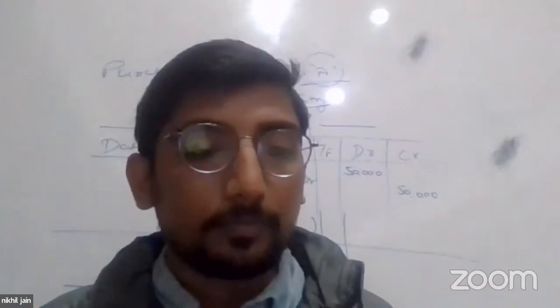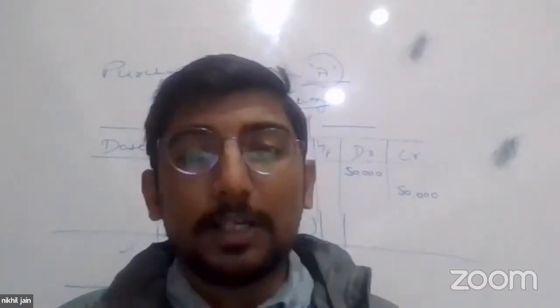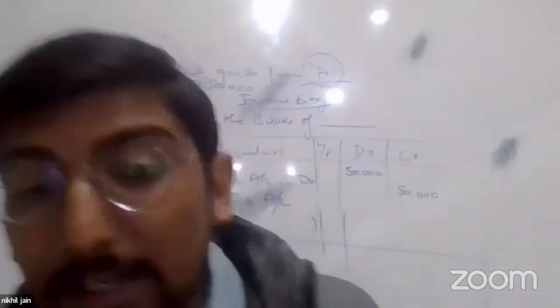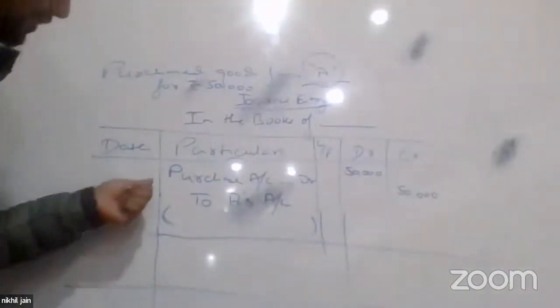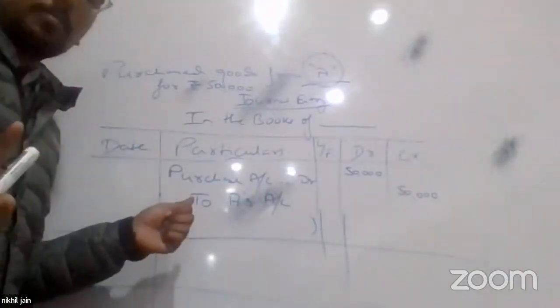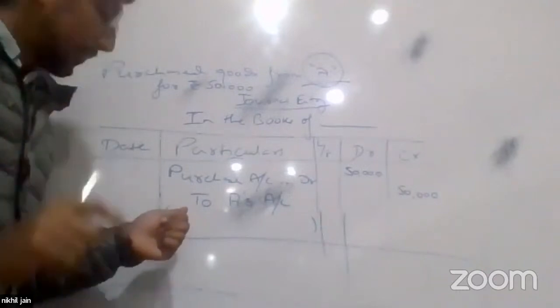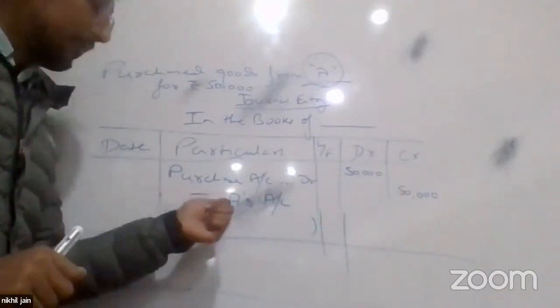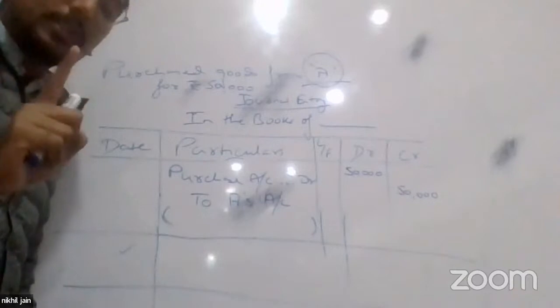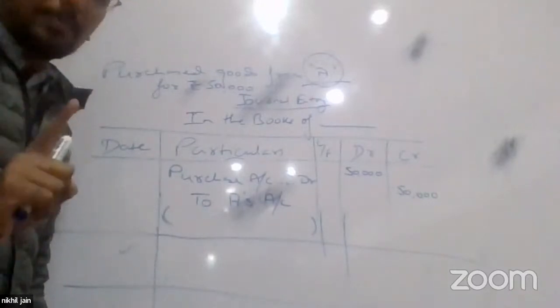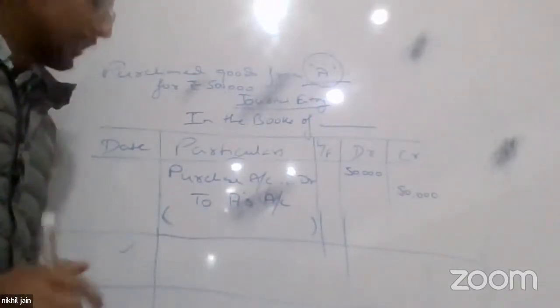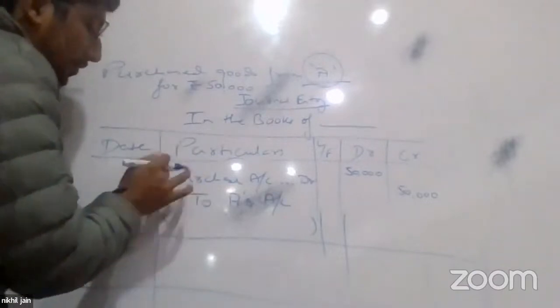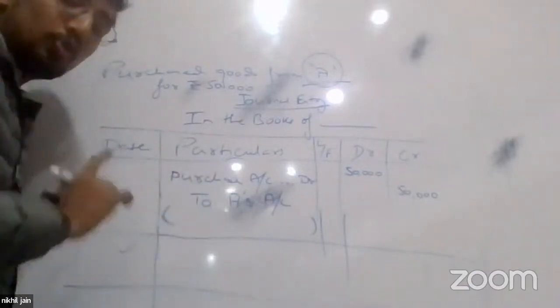Now, one more thing that is really important: while writing the transaction in the journal, just remember that the first letter, whether it is in debit or in credit, should be a capital letter. Never write something like a small letter "p" in purchase. No, never.